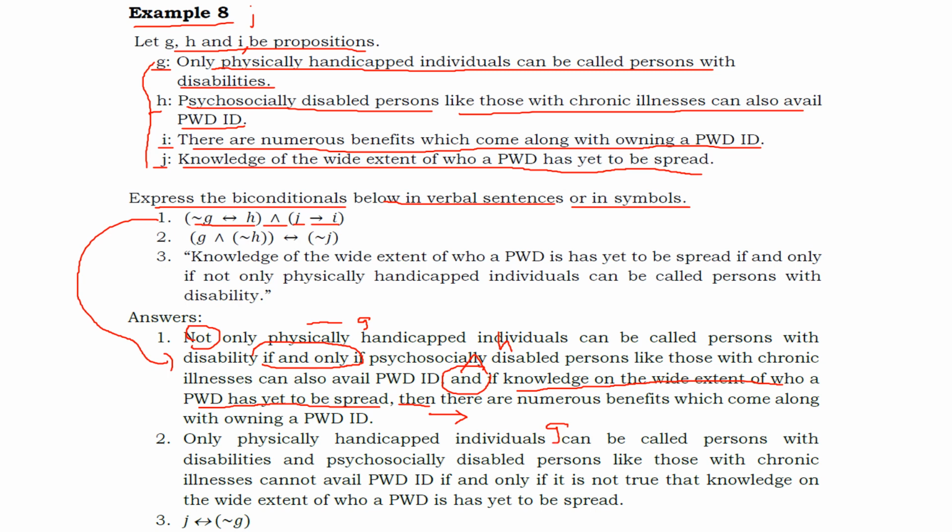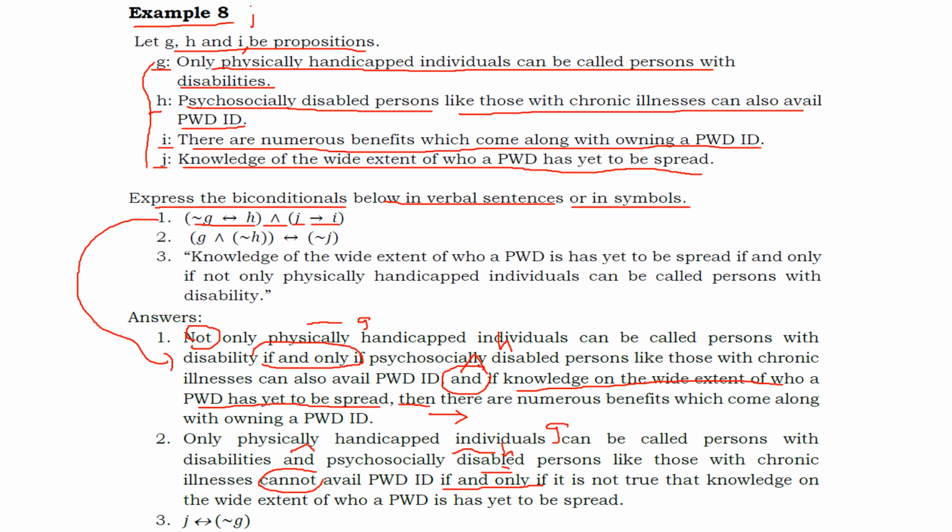Then we apply conjunction. Psychosocially disabled persons like those with chronic illnesses cannot avail a PWD ID. So that will be your negation H, because there is a "cannot" here. If and only if, that will be your biconditional.